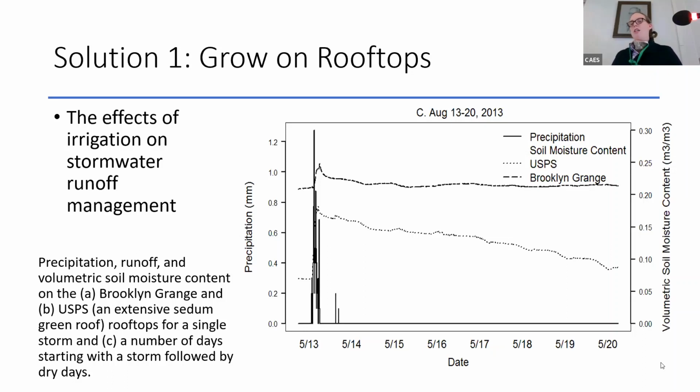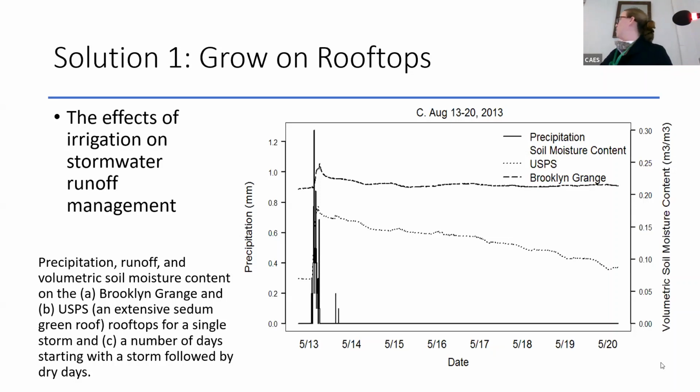What you see here is a snippet of monitoring from the Brooklyn Grange roof following a storm, in August of 2013. The dashed line at the top is the soil moisture content of the Brooklyn Grange roof, and the dotted line is the soil moisture content of a relatively nearby extensive sedum ornamental green roof.